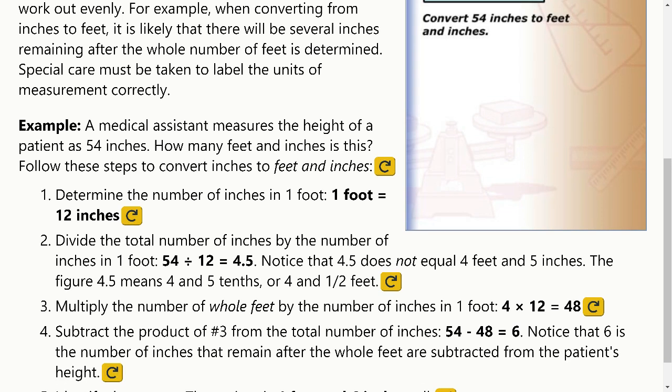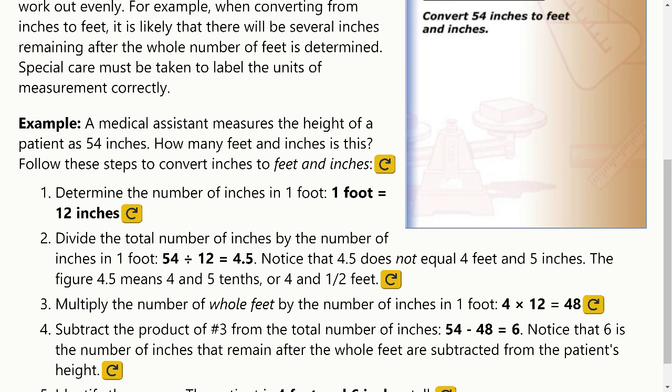So you'll multiply the number of whole feet by the number of inches in 1 foot. Your whole feet is 4, so you'll multiply that by 12. That'll give you 48. Then you'll subtract that product from the total number of inches, so 54 minus 48. That'll give you 6.